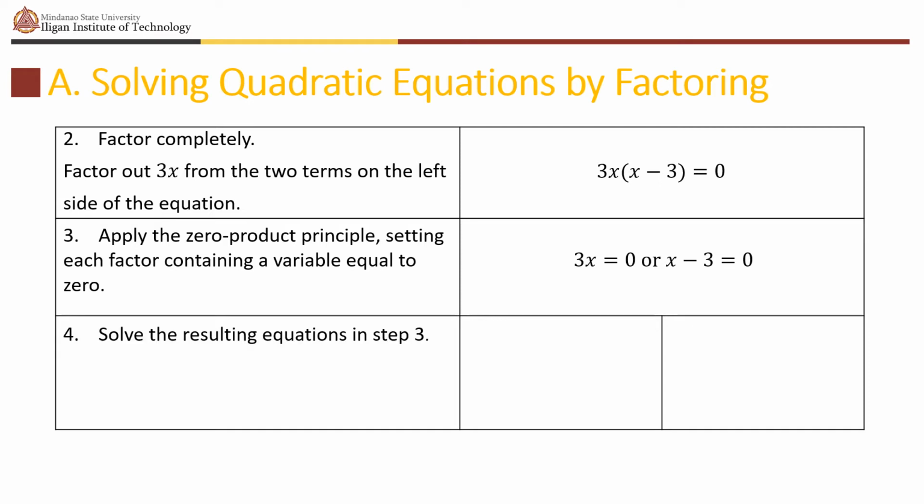The next step will be to solve the resulting equations in step 3. So if you have 3x equal to 0, we can divide both sides by 3 and come up with x equal to 0 here. And for x minus 3 equal to 0, you can add 3 to both sides.